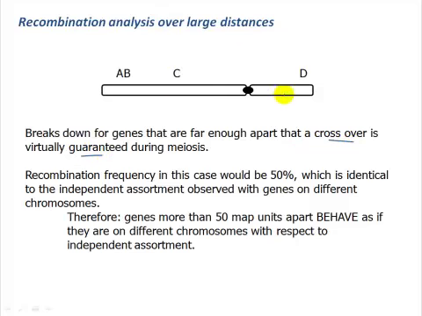So if we go back to our previous example, if we've got these two genes at opposite ends of the chromosome, and we know that recombination is an obligatory event during meiosis, then we're guaranteed to have a crossover somewhere along this chromosome between A and D, right? And so in that sense, those two genes are going to behave as if they're located on different chromosomes because they're guaranteed to have a recombination event between them.